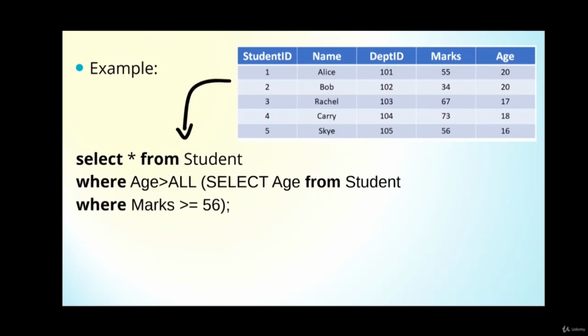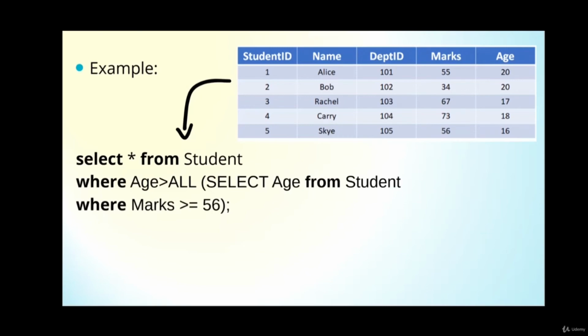Now, what does the problem statement say? Find the details of those students whose age is greater than all students with marks greater than or equal to 56. After executing the inner query, the ALL operator means compare with the maximum value. What is the output of the inner query? 17, 18 and 16.